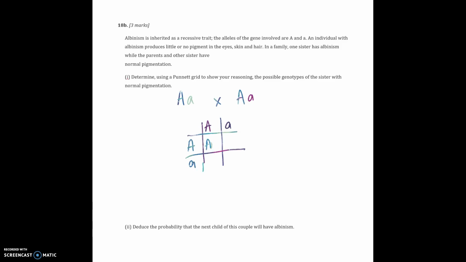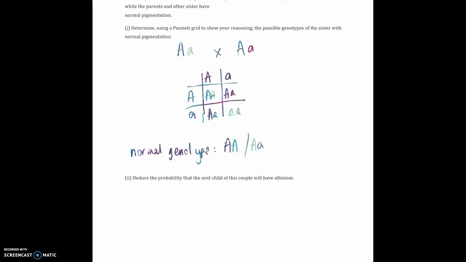So you have big A, big A, big A, little a, big A, little a, little a, little a. And so the normal genotypes would have been then big A, or big A, little a, okay? And then the chance that the next child will have albinism, that's that one. So it's a 25% chance, as you would expect.